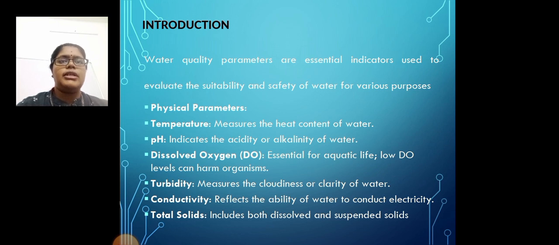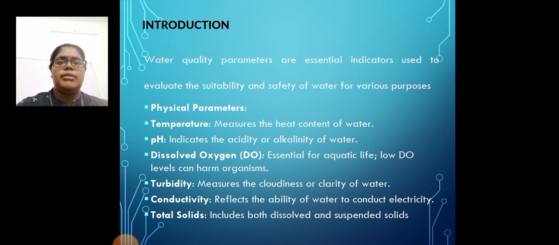And we have to find a solution for how to get the water that is needed for the requirements of domestic purposes, industrial purposes, and also irrigation purposes. So when you introduce the water quality parameters, these are essential indicators used to evaluate the suitability and safety of water for various purposes.